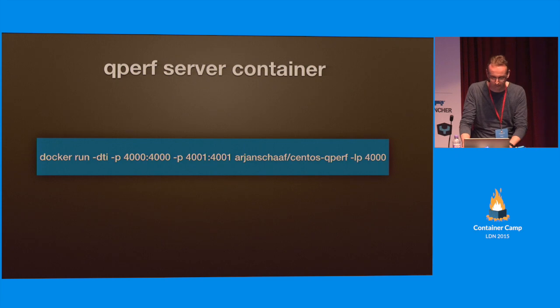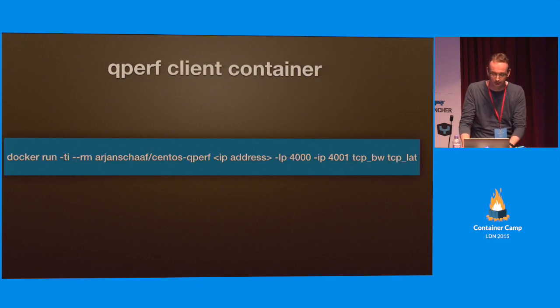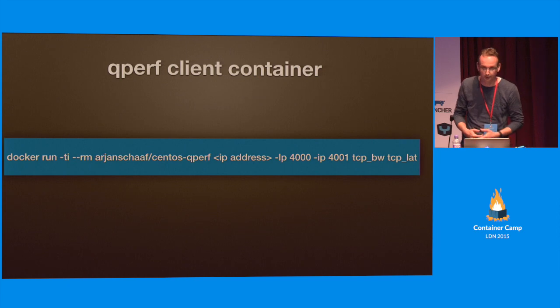You register a couple of ports and tell it to listen on port 4000 in this example. And after that, you can launch a client container on a second host, and it only needs to know the IP address of the server, and we tell the client which test suites to run. So in this example, I'm running both a TCP bandwidth test and a latency test.